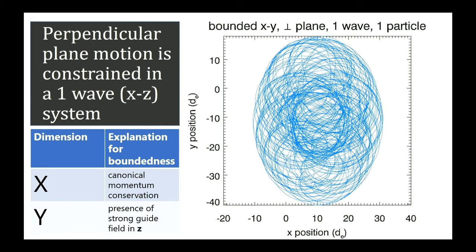The bound in x can be explained by the canonical momentum conservation I was discussing earlier, whereas the bound in y can be explained by that strong guide field in z.